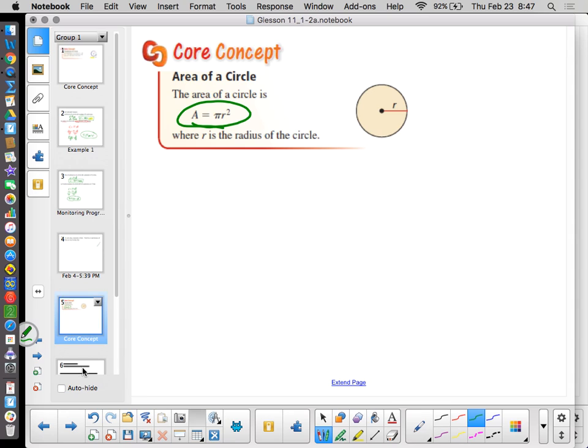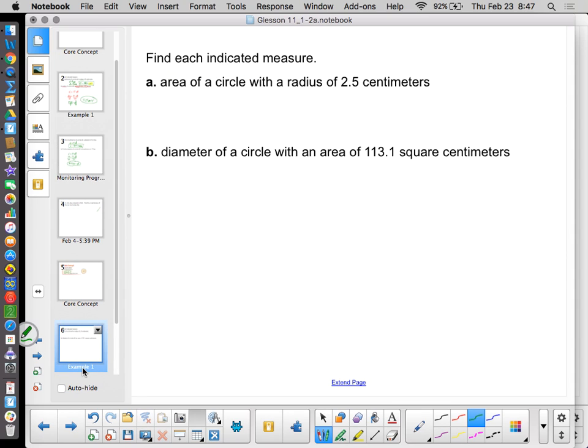r squared, we have to take r times r. So notice the decimal values here. That probably means we're going to be approximating pi in our solutions. So if I want to find the area of a circle with a radius of 2.5 centimeters, the area is going to be 3.14 times 2.5 squared.